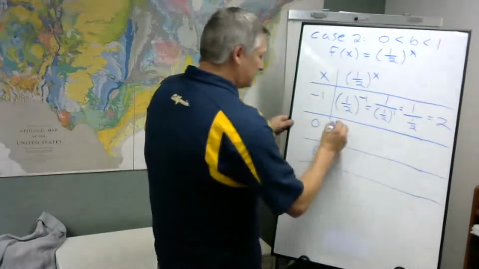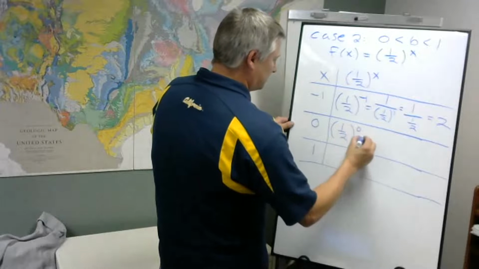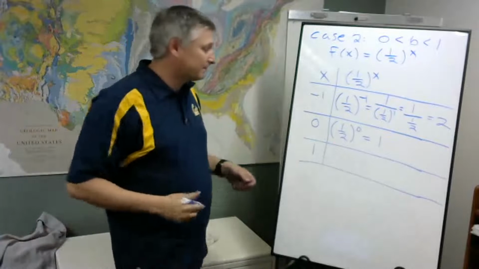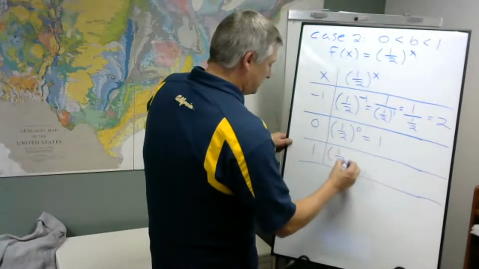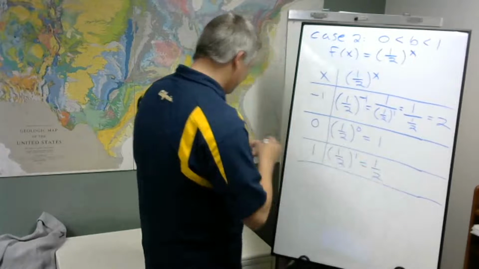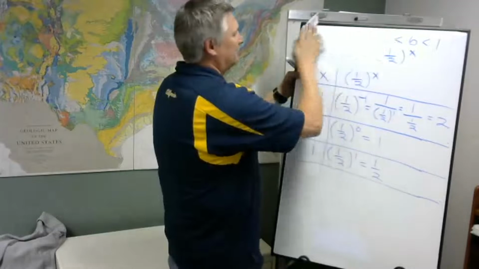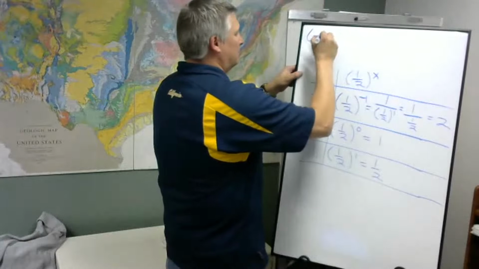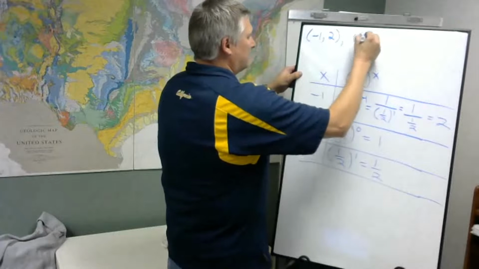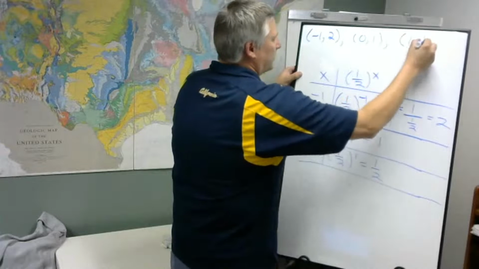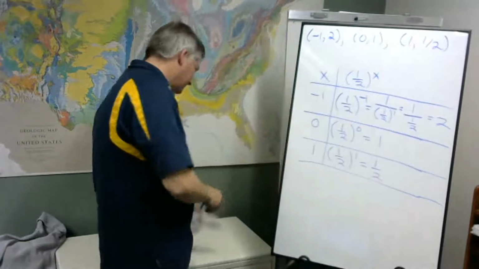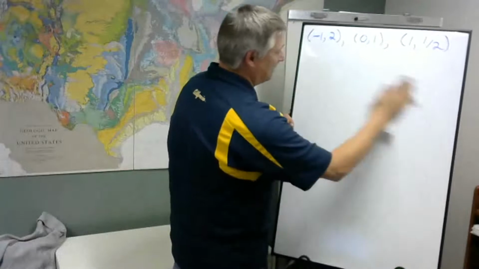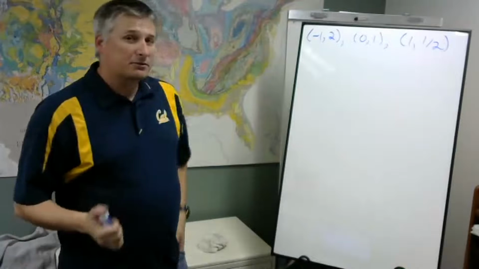Now 1/2 to 0 is just equal to 1. Anything with a 0 exponent other than 0, you're going to get 1. And then 1/2 to the 1 is just itself, 1/2. So the 3 points that we get are negative 1, 2; 0, 1; and 1, 1/2. So now let's graph this.